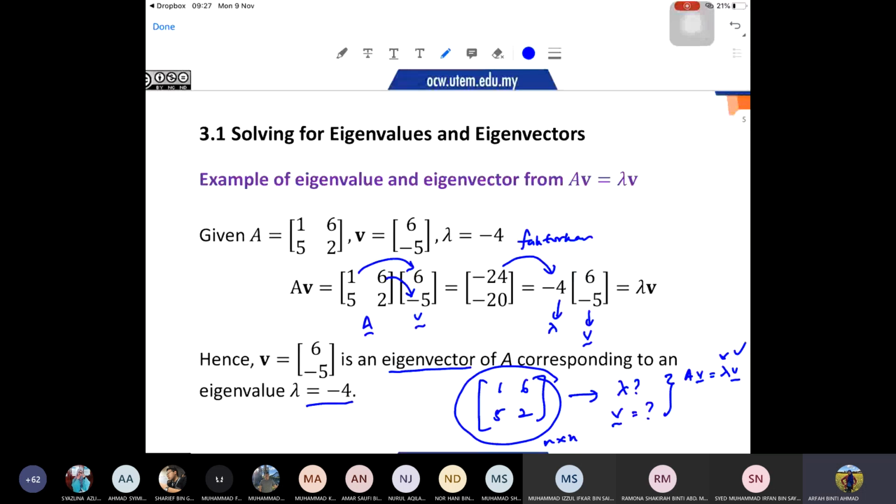Any question so far? Kita tengok dengan simple example macam mana nak wujudkan eigenvalue dan eigenvector. Clear and any question so far? Oi, senyap je duduk dah ni.